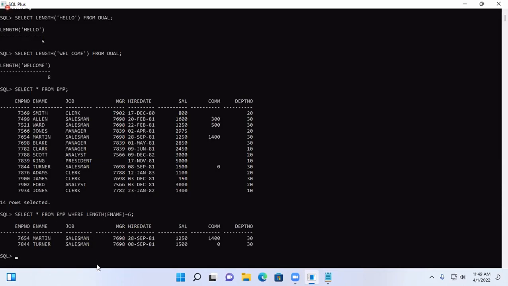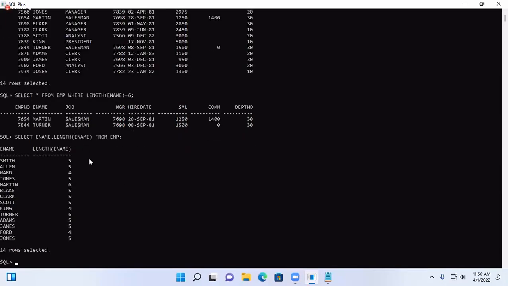If you want to find out, suppose, employee name, comma, and now I'm passing length of ename. If you want to see every employee's string character length, how much? We can write it like this from the EMP table, and every employee's length was found here.